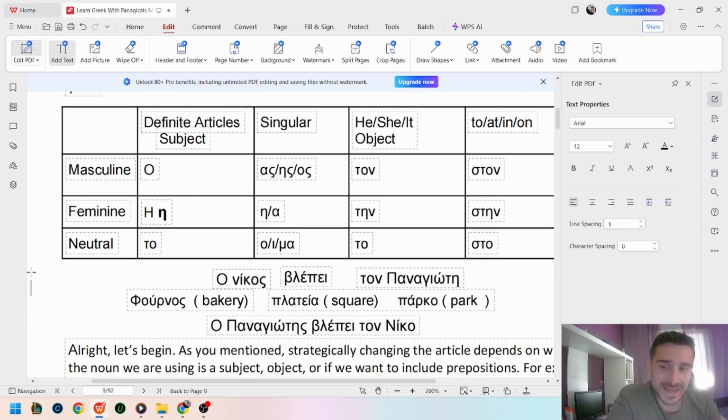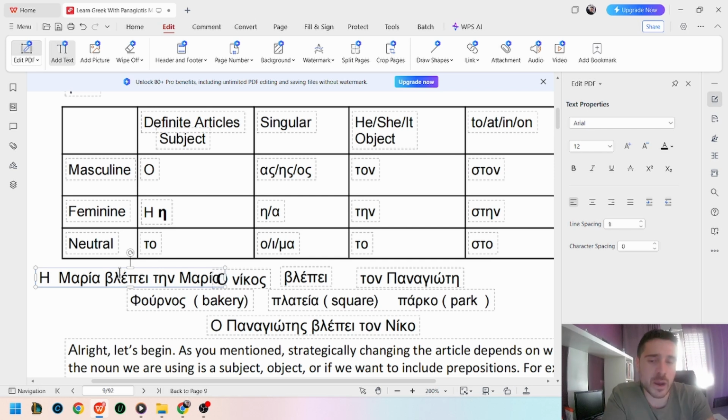Okay. Now, if you want to say "Maria watches Maria", two female names. Again, the feminine article η is for subjects, but for objects it will be την. So here it will be η Μαρία βλέπει την Μαρία. Now, some other examples.